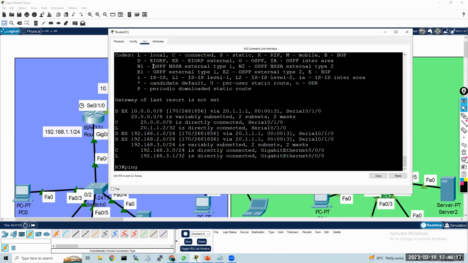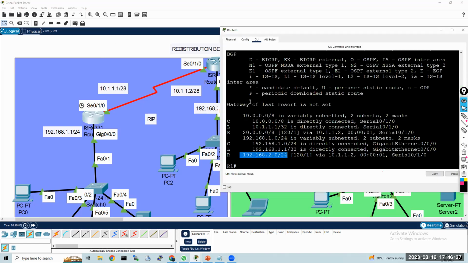If you check here, external EIGRP. What is external EIGRP? These 2 are external for him. Got it?